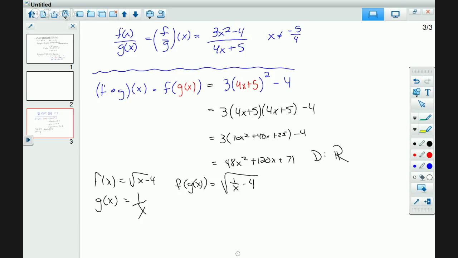Okay, x cannot be 0. Right? That one should be pretty obvious. What does this have to be? Yeah. Okay. It can be greater than or equal to 0, this whole expression. So add 4.